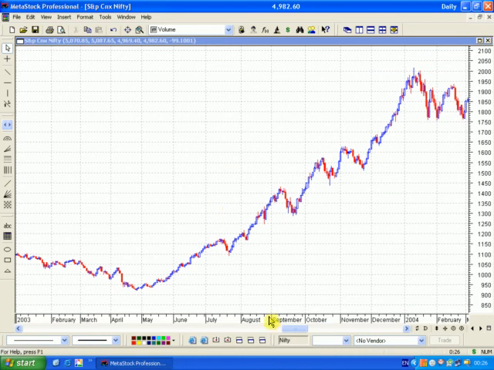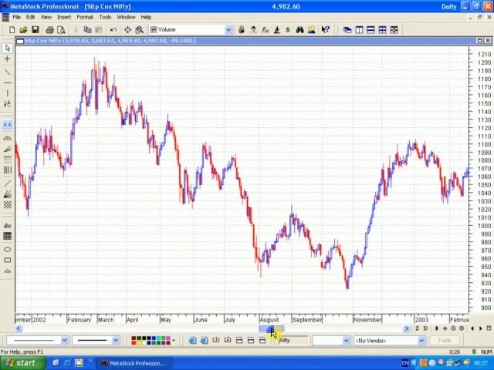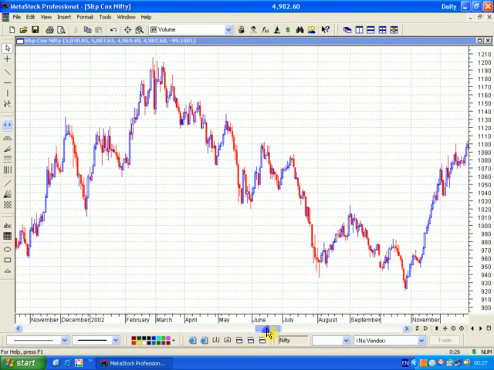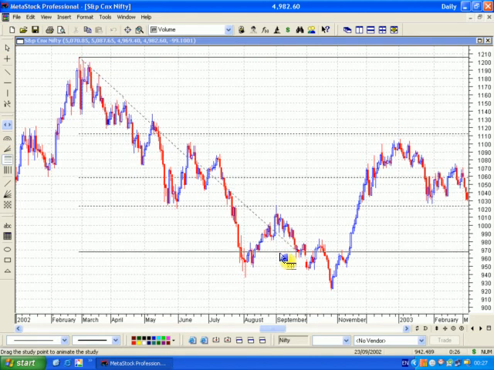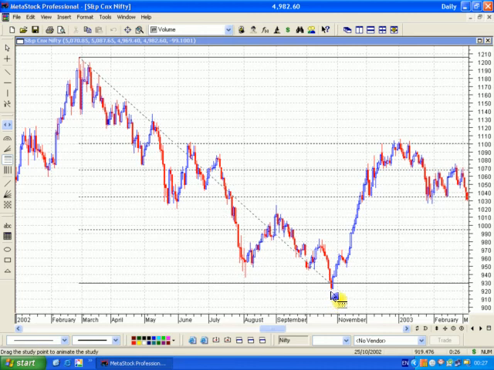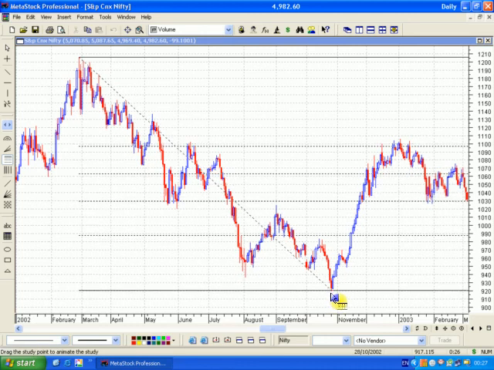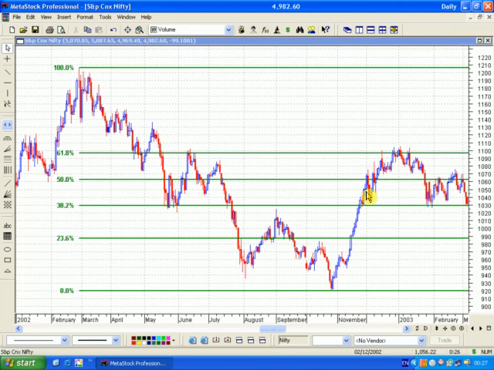I've got another interesting example, which is here. Now this time we are going to see an example of a downtrend where we connect the high to the low. Market started falling from here, went up, went down to make this low.